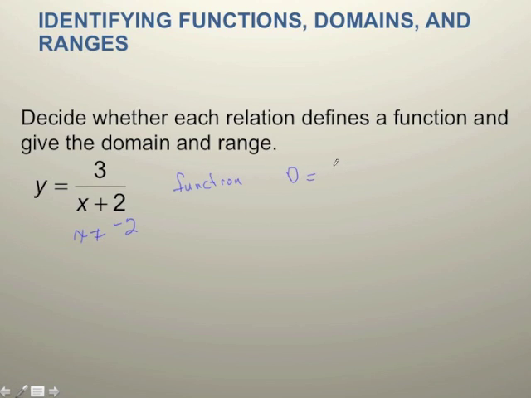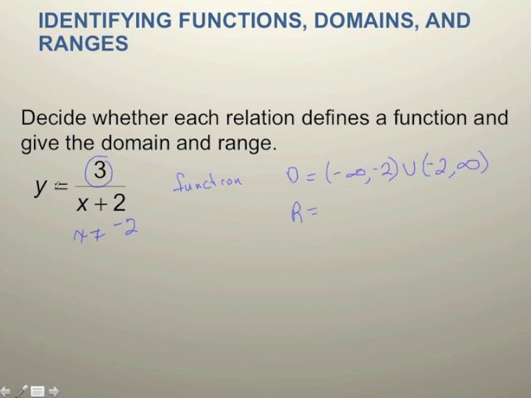And the domain, since x cannot equal -2, in interval notation is from -infinity to -2 with parentheses, union -2 to infinity. We'll give things in interval notation. Now, the range, the y values. Believe it or not, the y values are not all real numbers because of this 3 up here.